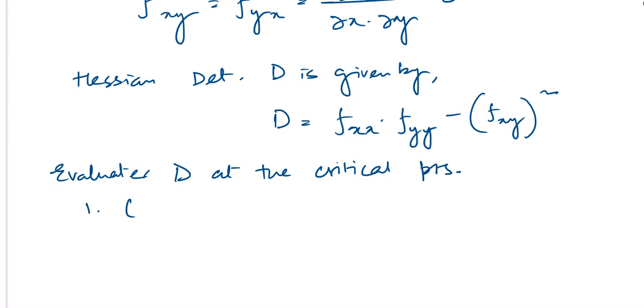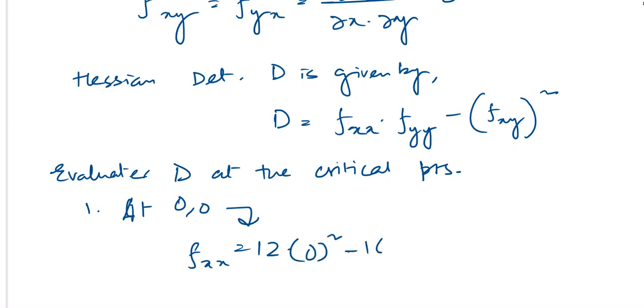At 0 comma 0, f of xx equals 12 into 0 square minus 16, which is minus 16, and f of yy is 2.